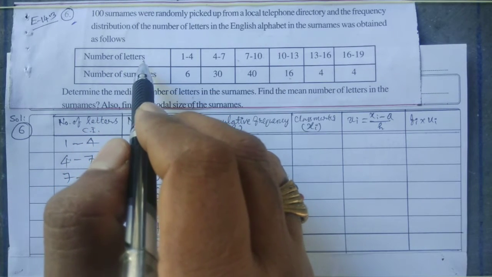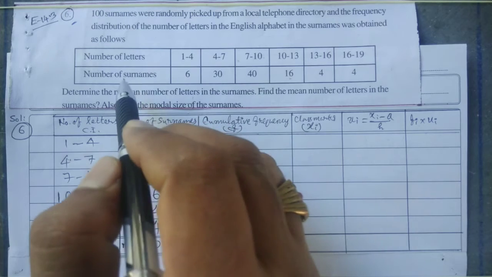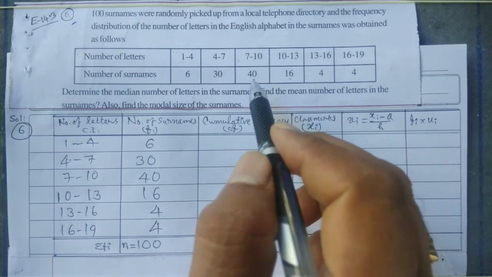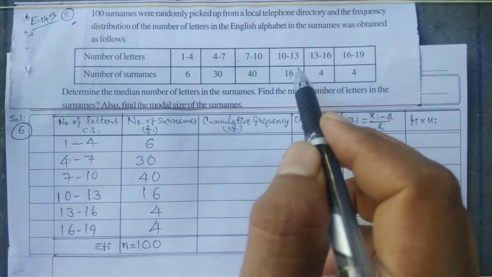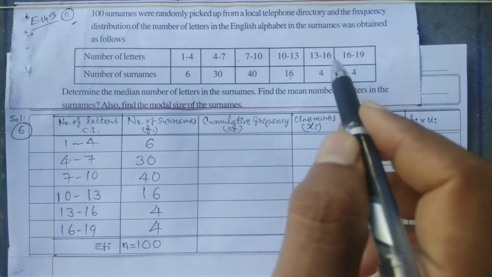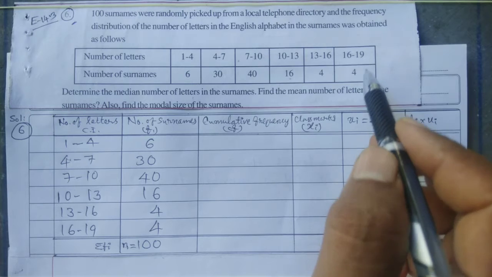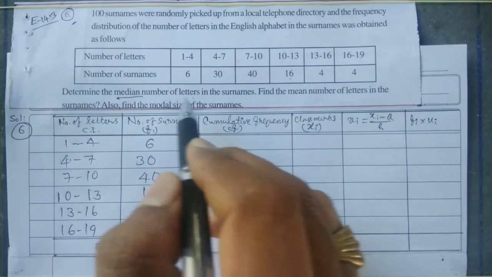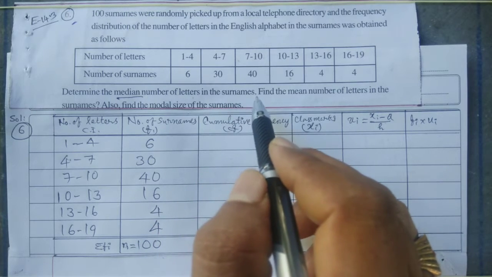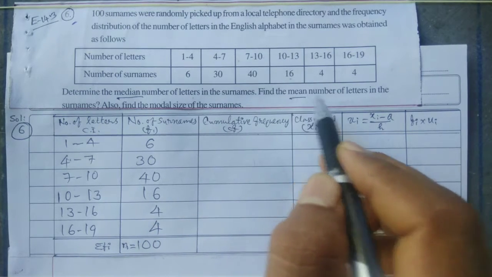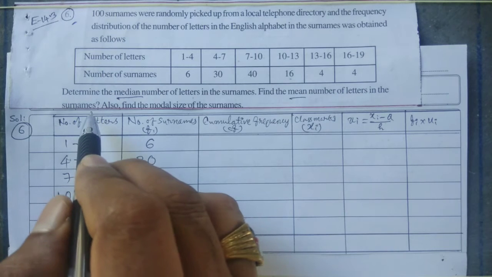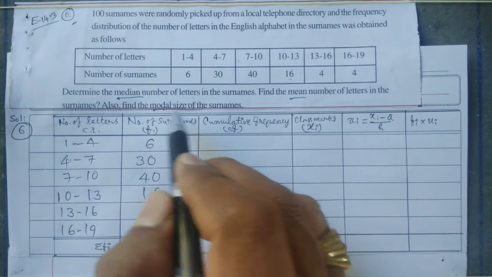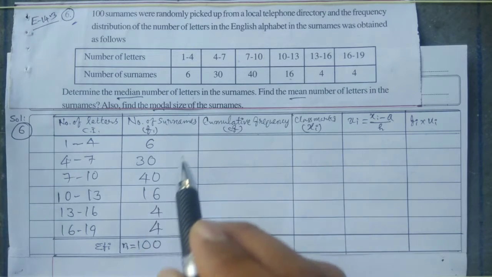Number of letters 1 to 4, number of surnames 6; 4 to 7, 30; 7 to 10, 40; 10 to 13, 16; 13 to 16, 4; 16 to 19, 4. Determine the median number of letters in the surnames. Find the mean number of letters in the surnames. Also find the modal size of the surnames.